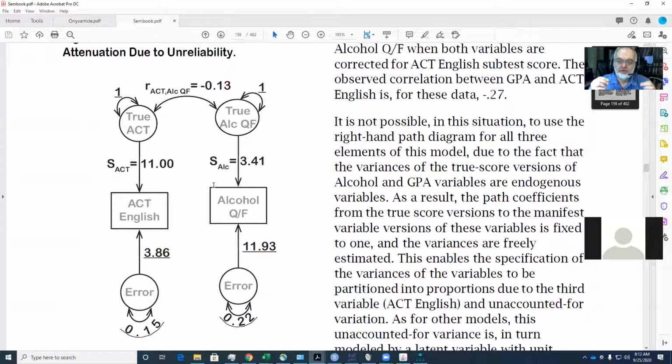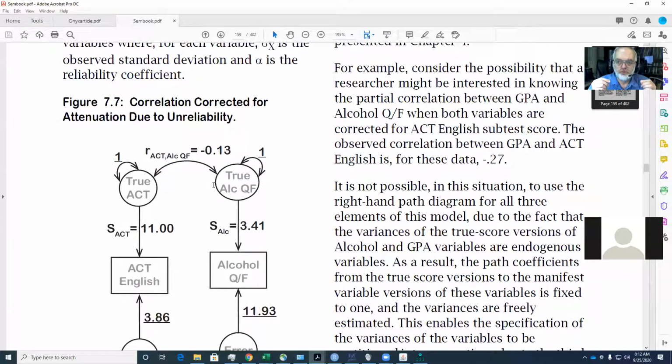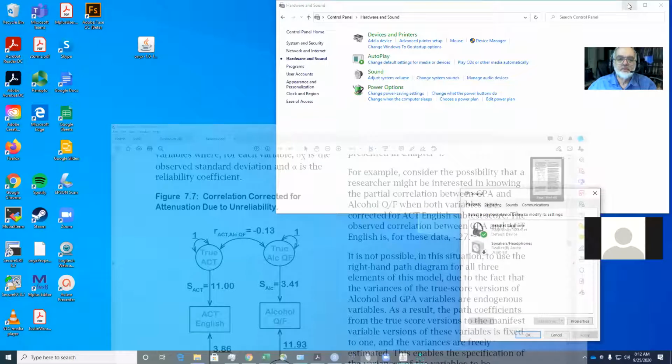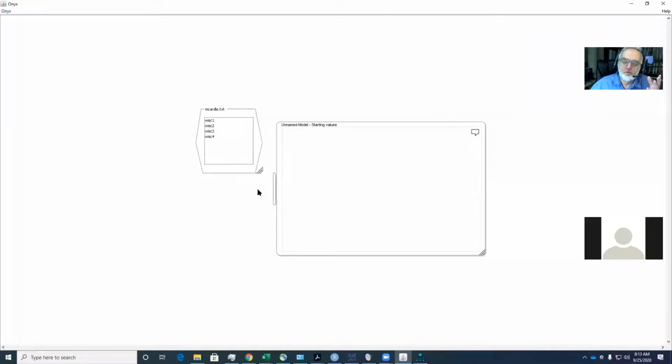So I tried to think of some small diagrams that would help us think about building a structural model. So let me bop back to Onyx here and talk a little bit about visually what is going on when we're doing a single regression, single predictor regression, and what we're doing when we correct for attenuation.